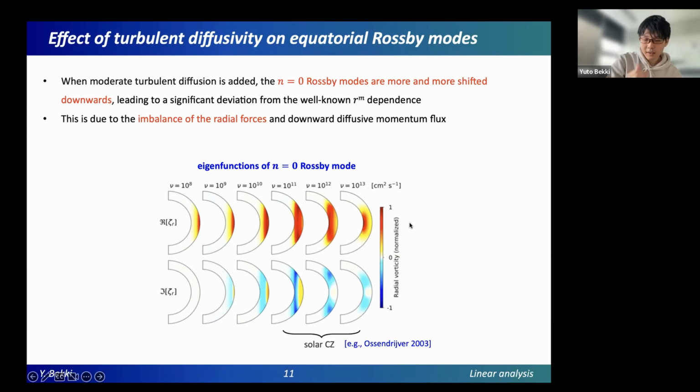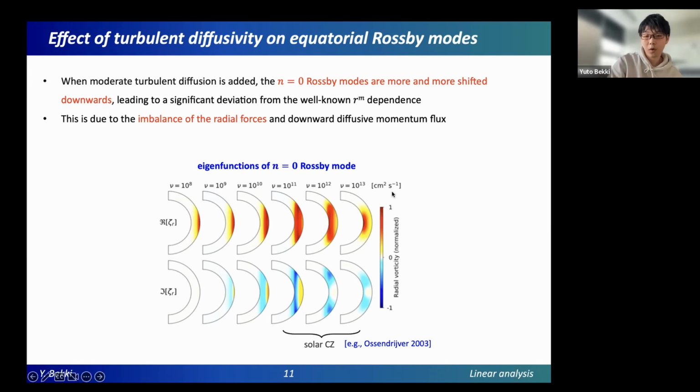But when a moderate amount of viscosity is included, this radial force balance no longer holds, and it leads to a diffusive momentum flux, a downward diffusive momentum flux. And this is why, as you can see, as we increase the turbulent viscosity, the radial profile of the equatorial Rossby modes is drastically changed.